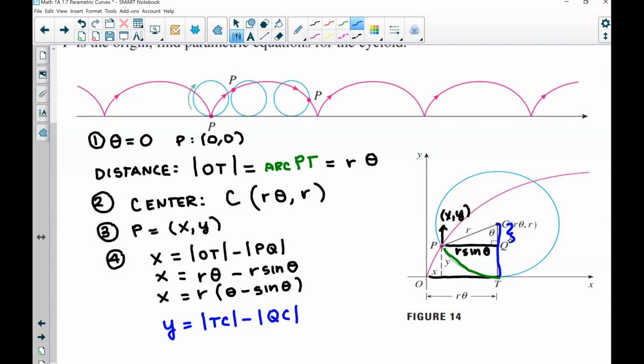Because it forms a right triangle, we know that distance is R times the cosine of theta, and the entire distance of TC is R. So Y equals R minus R times the cosine of theta.